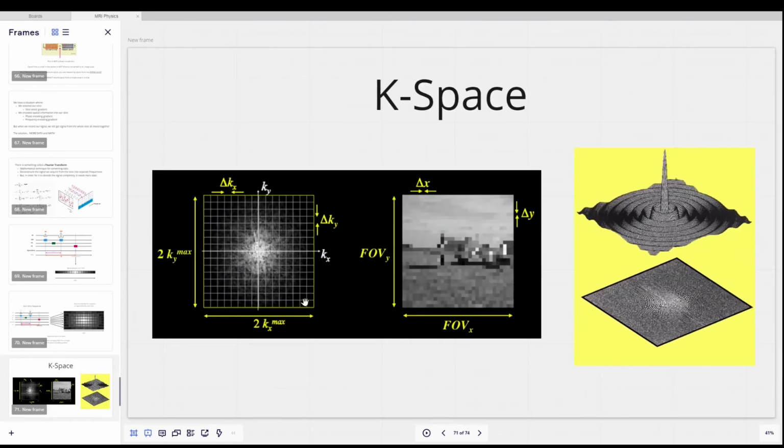So it's the same thing here. This is K-space. For each one of these rows, a different strength of the phase encoding gradient was used, and then this is what our signal is doing over time, getting stronger and then getting weaker.